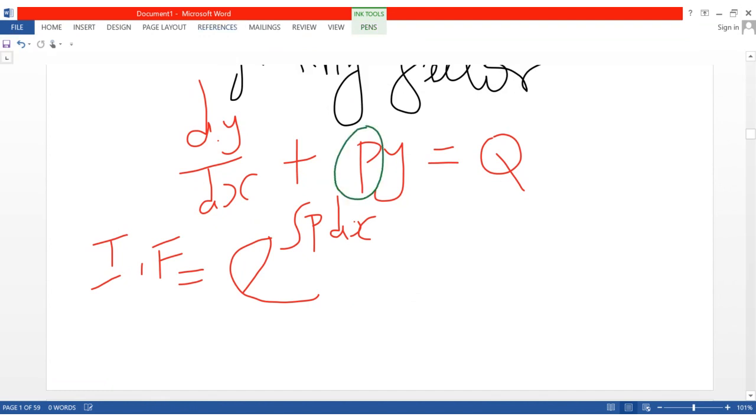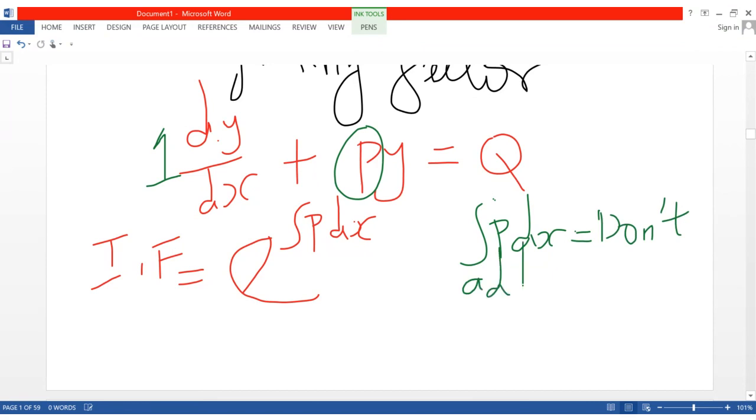And you have to make sure that the dy dx here is of coefficient 1. So if there's anything there, you divide so that you have an equation of this form. Then you integrate P in terms of X. When you integrate P in terms of X, don't add a constant of integration.